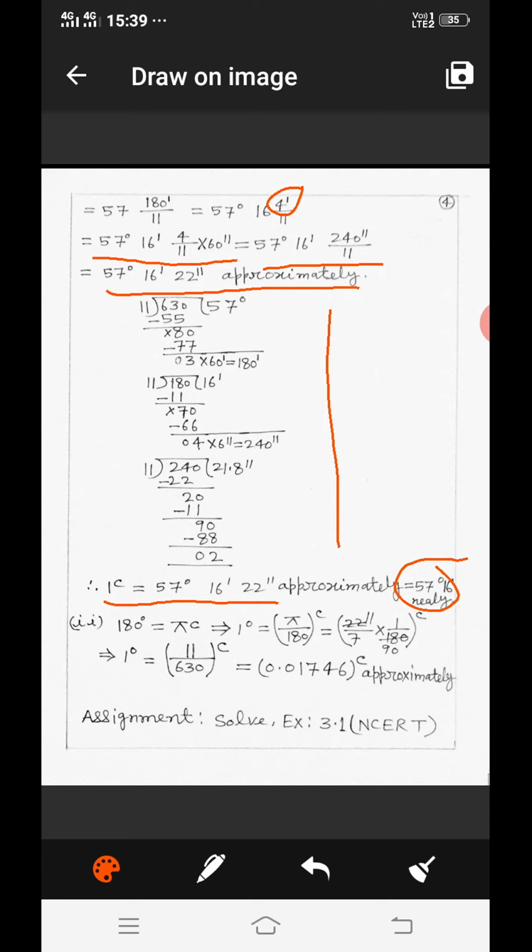Second, 180 degree is equal to pi radian, and this implies that 1 degree is equal to pi by 180 radian, and this is equal to 22 by 7 into 1 by 180 radian.